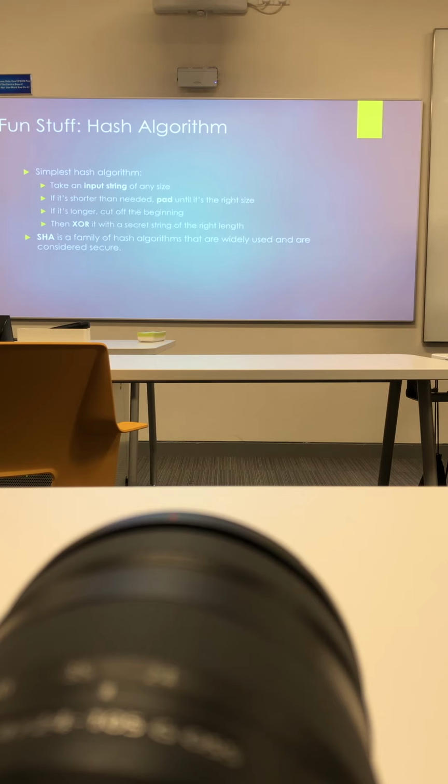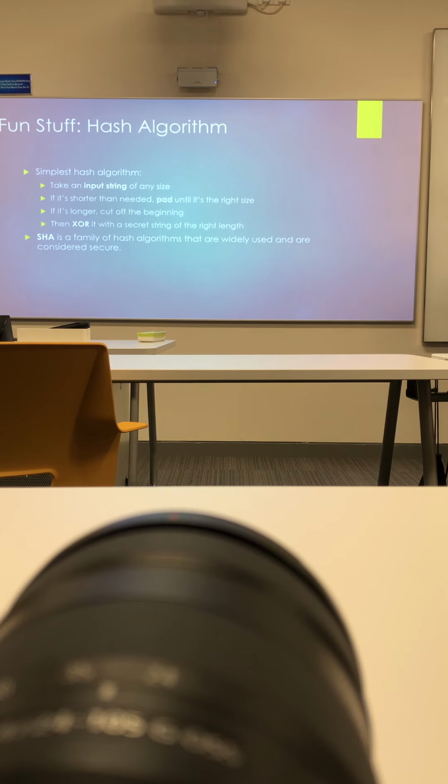Okay, so here's the idea. You take your string, just a bunch of zeros and ones. If it's shorter than it needs to be, then you're going to have to add a certain length of zeros and ones. Say I want my output to be 4 digits.